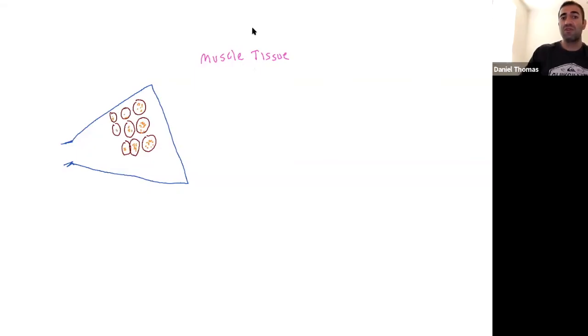I'm going to draw you a muscle cell that kind of looks like this. And like any other cell, it has a nucleus, which I'll draw here in pink. In fact, it has several nuclei. And it also has these organelles, which you've seen in various memes, called mitochondria that give energy.